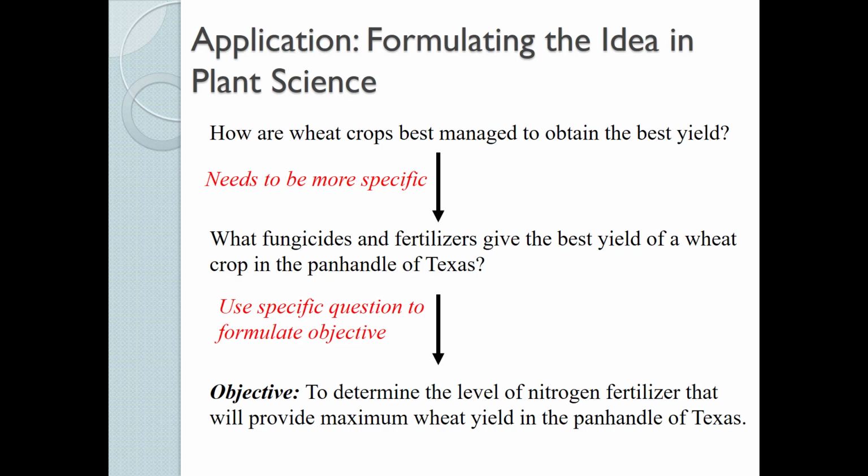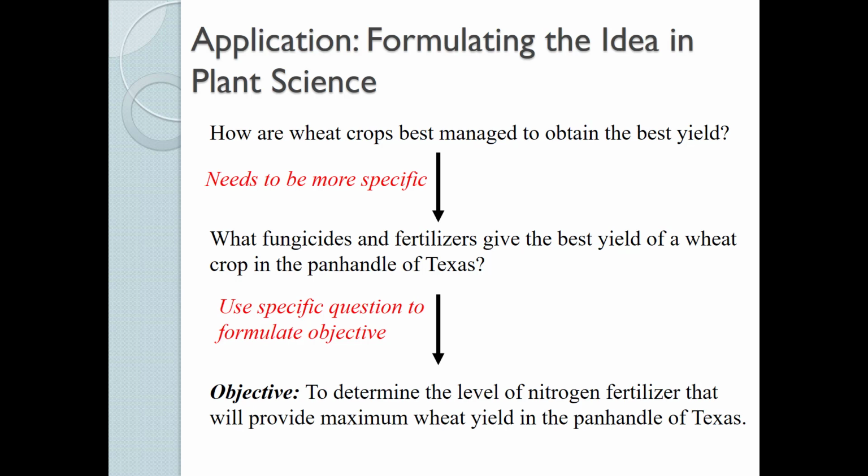As an example, in plant science, when developing an objective, we may ask an initial question that's pretty broad: how are wheat crops best managed to obtain the best yield? That's a really vague question, so to get more specific, we have to add more detail. You may end up with something like: what fungicides and fertilizers give the best yield of a wheat crop in the panhandle of Texas?